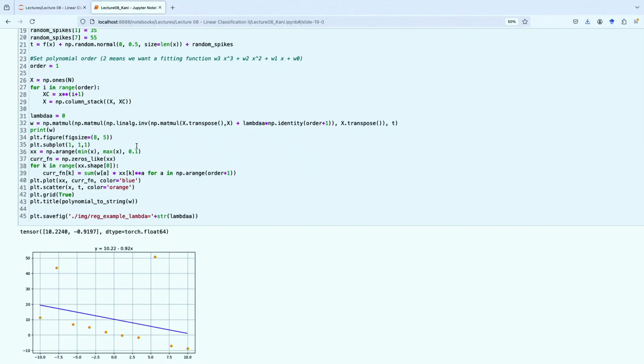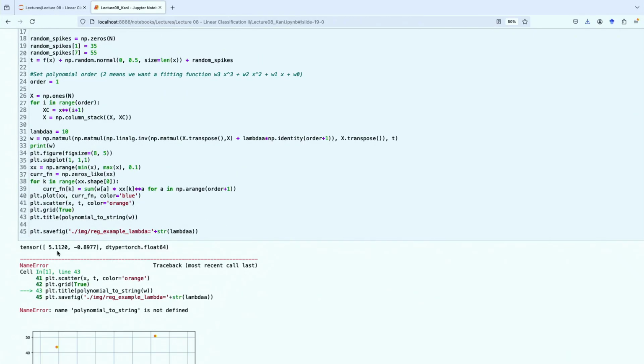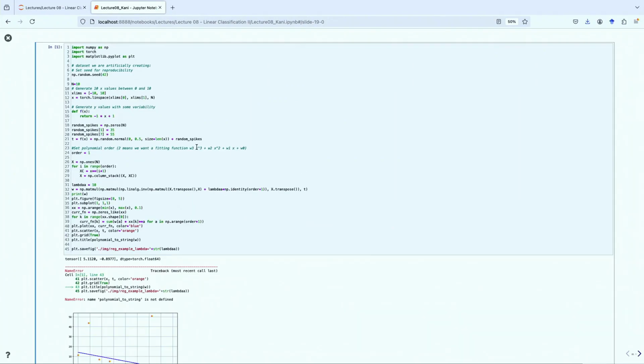So the good news is the matrix solution that we've developed with the regularization works as if lambda is equal to 0. Now if we make lambda equal to 10, wait a minute, I know what's going on.